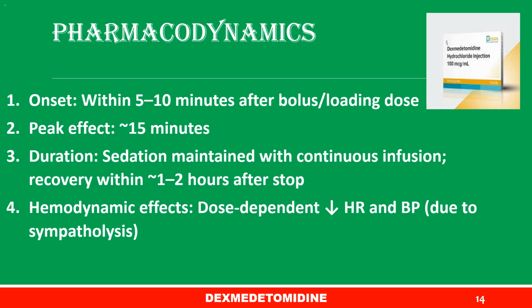Recovery within approximately 1 to 2 hours after stopping. Sedation continues if dexmedetomidine is infused continuously. Patients recover in about 1 to 2 hours after stopping. 4. Hemodynamic effects. Dose-dependent decrease in HR and BP due to sympatholysis. Dexmedetomidine can slow heart rate and lower blood pressure because it reduces the body's stress response.